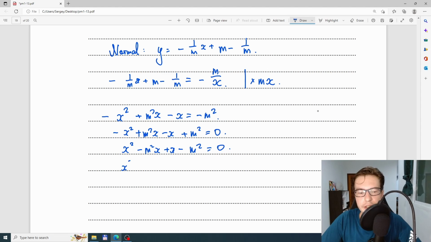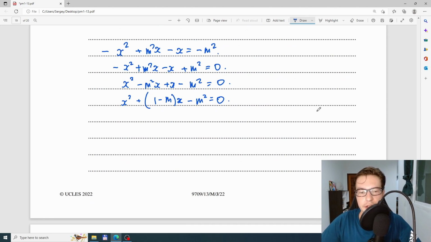Okay, and then we can factorize x out. So we'll get x squared plus, bracket, 1 minus m, x minus m squared equals 0. Now from that equation, a equals 1, b equals 1 minus m, and c equals minus m squared.